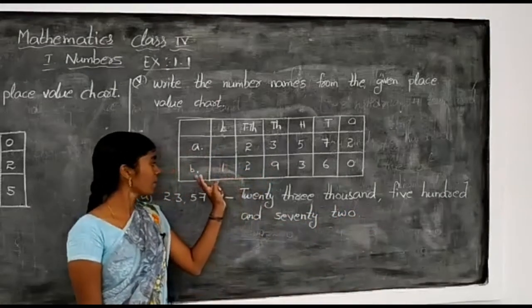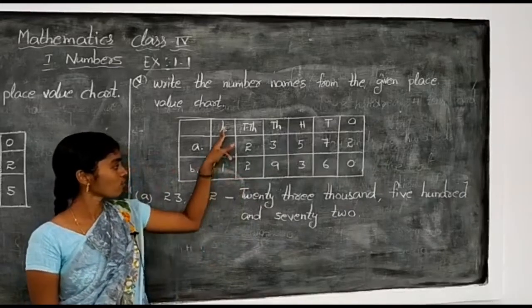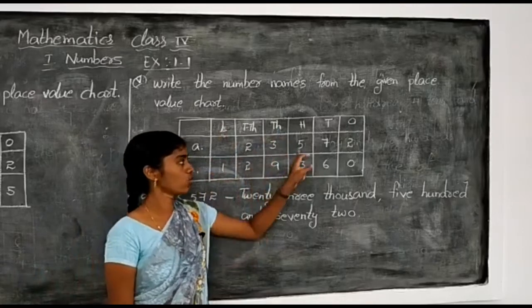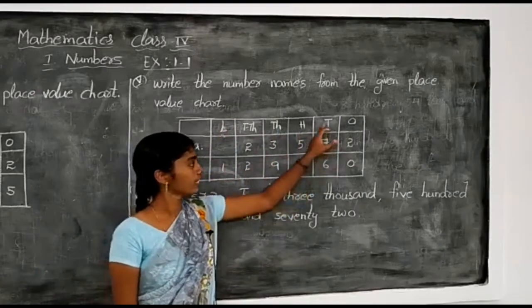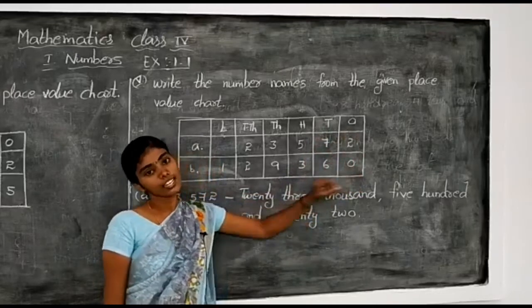And the next one, B1. What is the number here? Lakhs also is there. How many lakhs? 1 lakh. How many thousands total? 29,000. 300, 6, 10, 60. Here in the ones place nothing is there. So it is 60.